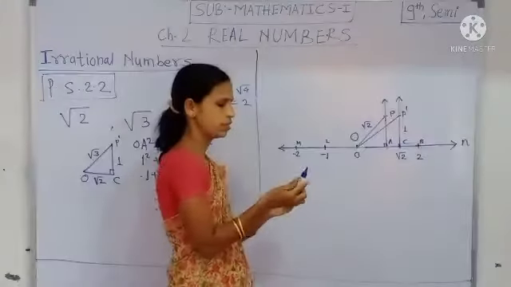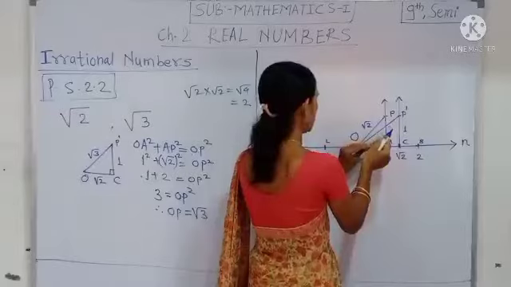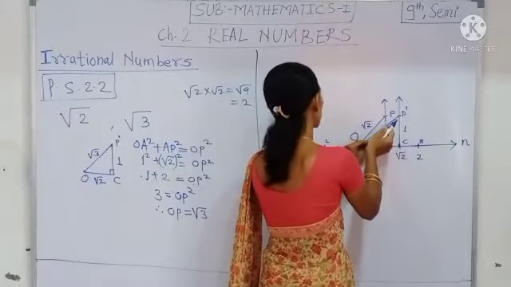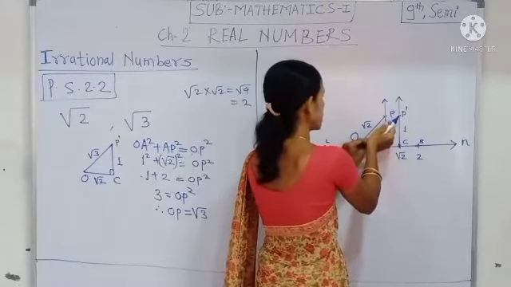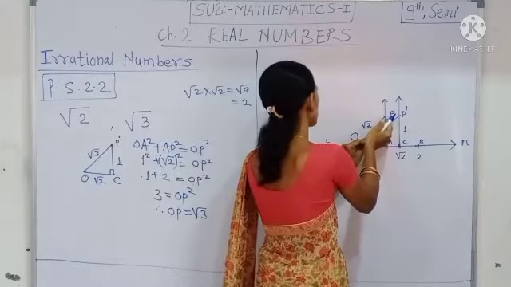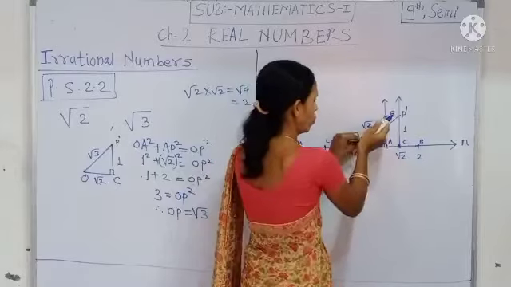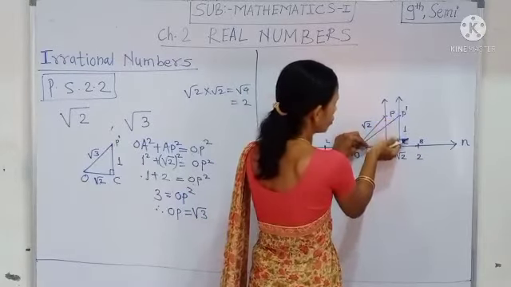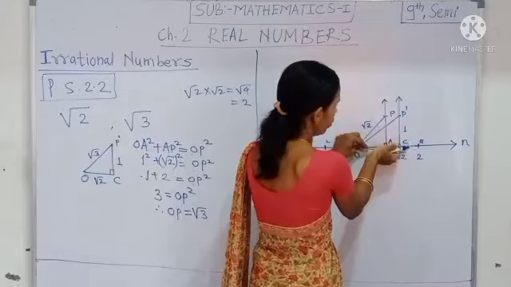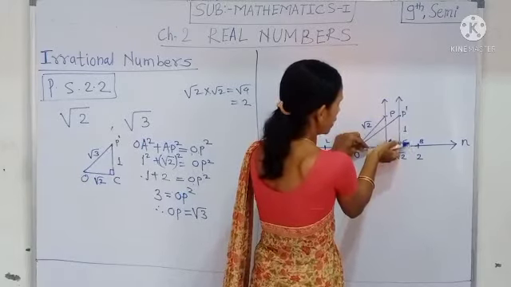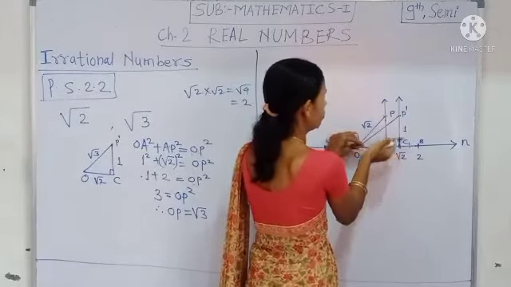Again using a one needle compass, we take the distance OP dash in that compass, and putting the needle on O, we draw the arc and mark on the number line.